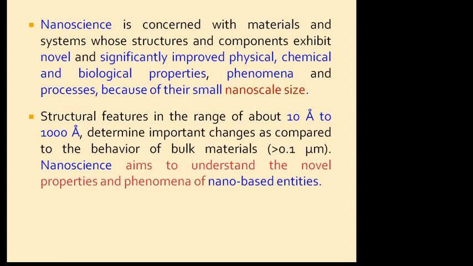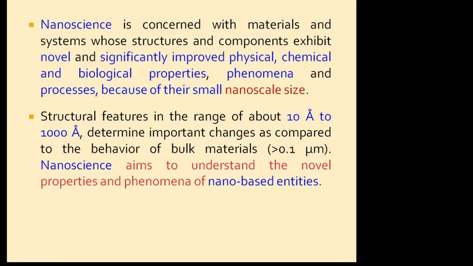I repeat, 10 angstrom to 1000 angstrom, or 1 nanometer to 100 nanometer, is the structural feature which determines the nanoscale. If your material is larger than 100 nanometer or 1000 angstroms, it is referred to as bulk material, or in general it's larger than 0.1 micron.